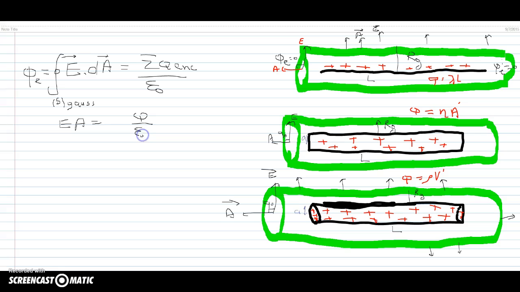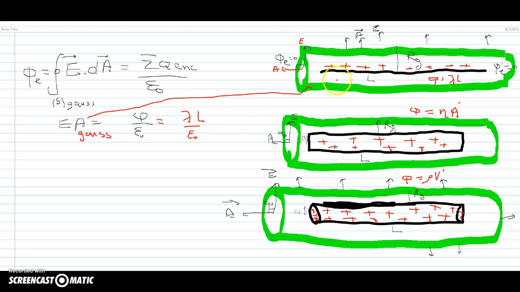Now, this point is very important: to understand this A is the Gauss surface. I'm talking about this one here, that's the surface A. And explicitly, since this is a line, this is actually lambda L over epsilon 0. This is the linear density.